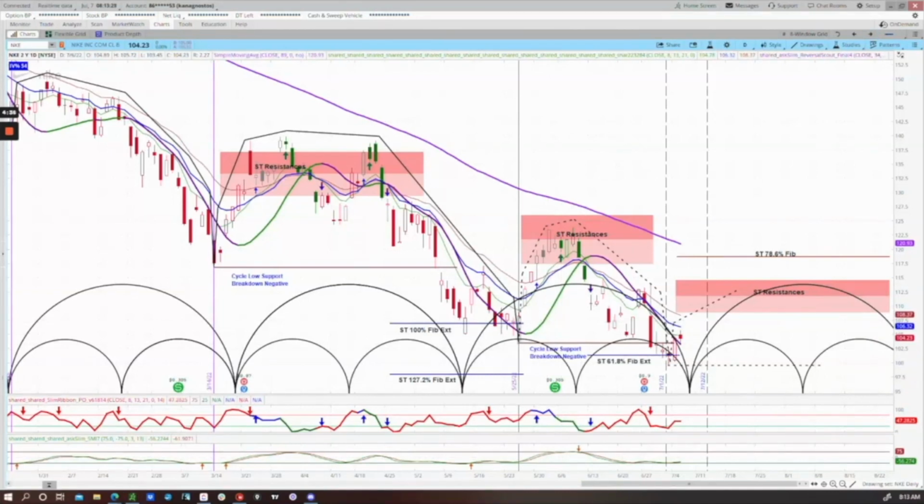Because it syncs up, we are anticipating weakness and possibly further breakdowns in this next cycle as we form that intermediate term low. So because of that, we would consider it a good short side setup if Nike were able to get into this resistance zone between 108.81 on the bottom up to about 114.5.